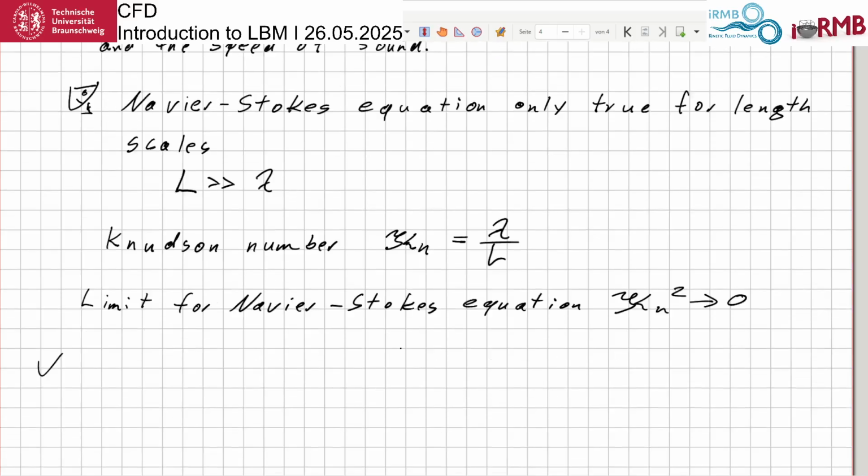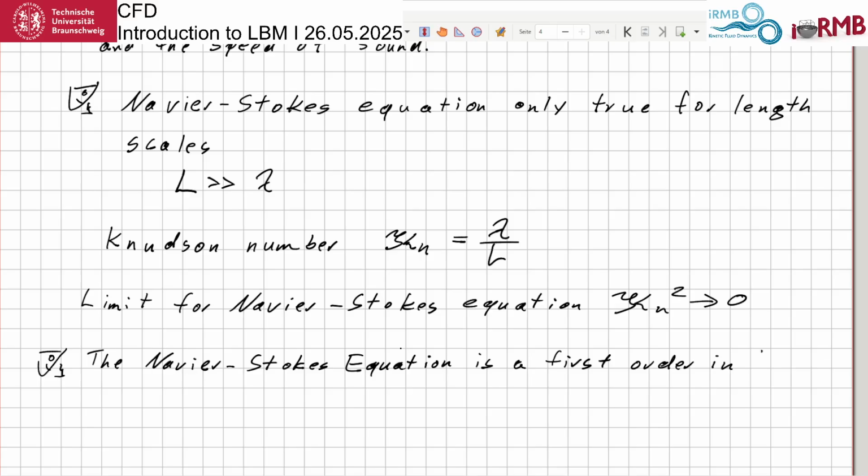So meaning that the Navier-Stokes equation is a first order in Knudsen approximation to the Boltzmann equation.